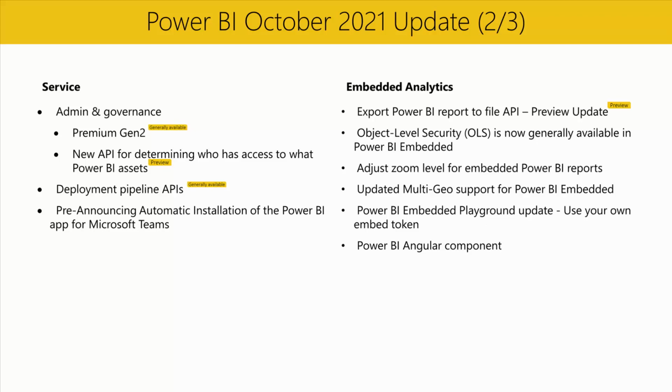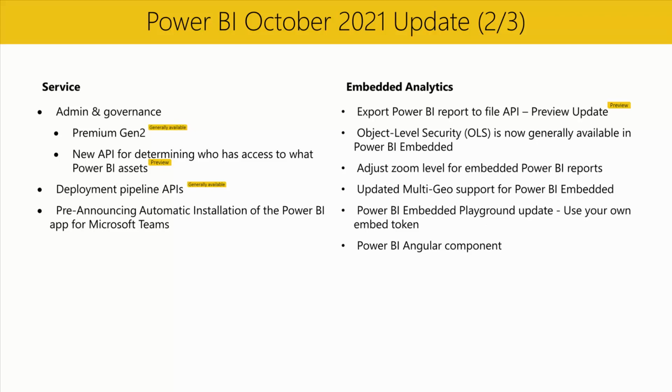Also, there is no maximum concurrent report pages limitation. And an export API operation load is evaluated as a slow-running or background operation as described in our Premium Gen 2 capacity load evaluation documentation.